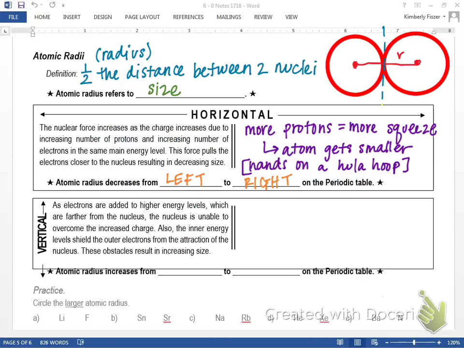So, here we go. More levels equals more size. So my atom gets bigger.